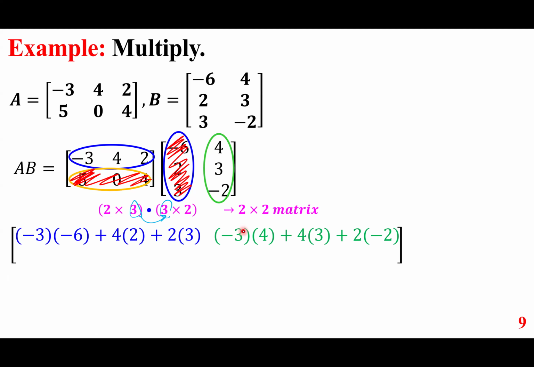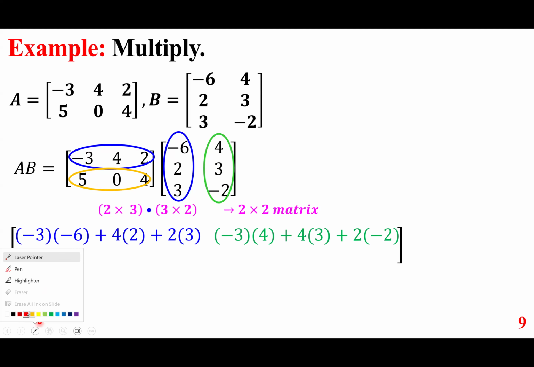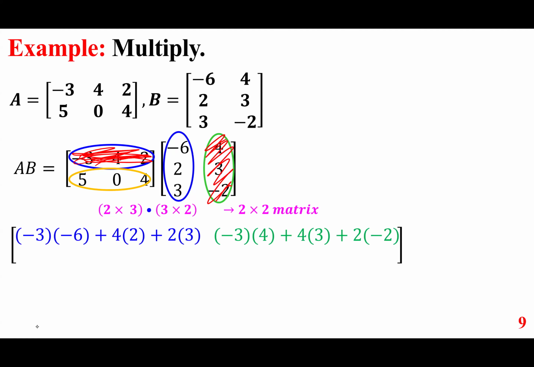But now we are going to multiply this. So let me erase my work. So now this one doesn't exist. This one doesn't exist. Multiply these two: 5 times -6 plus 0 times 2 plus 4 times 3.